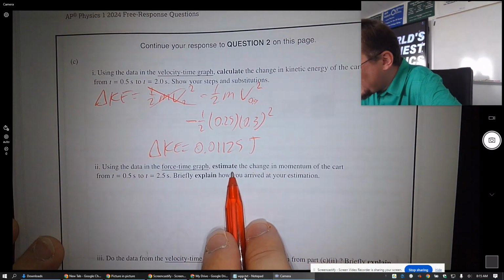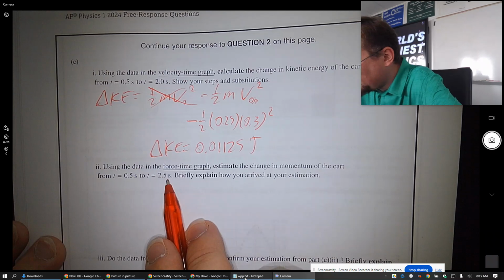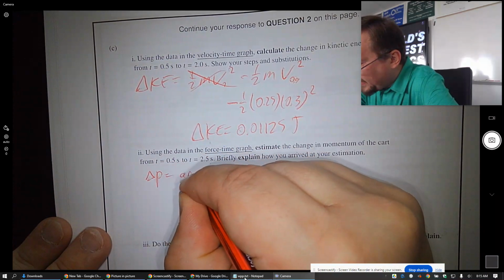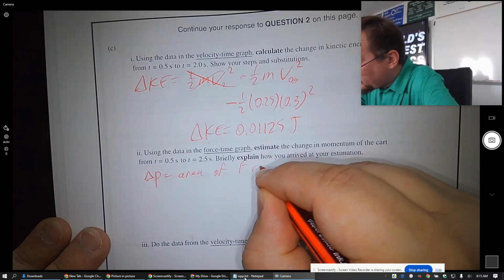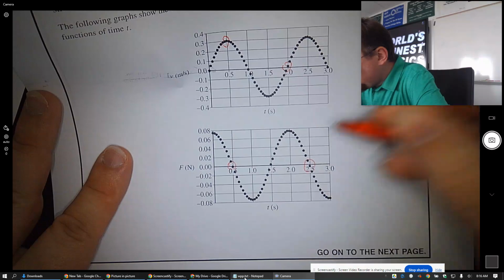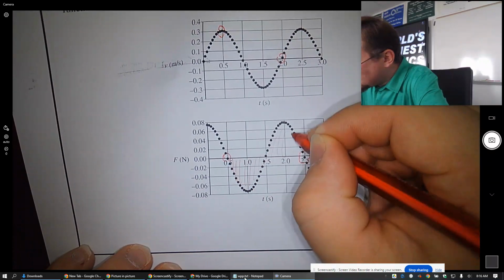Using the force time graph, estimate the change in momentum of the cart from 0.5 to 2.5. Explain how you arrive at your estimation. So I'm going to say change in momentum is the area of force versus time. And we're going to go from 0.5 to 2.5. Well, that's not much of an estimate. The answer is 0. Why is the answer 0? So the delta P is 0.